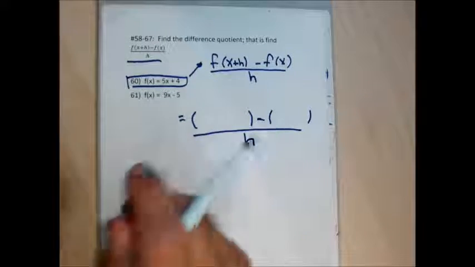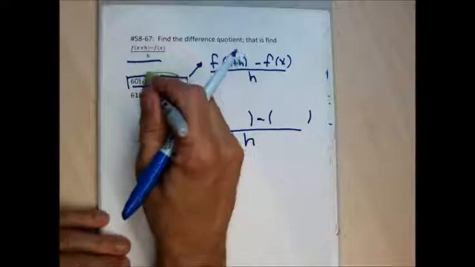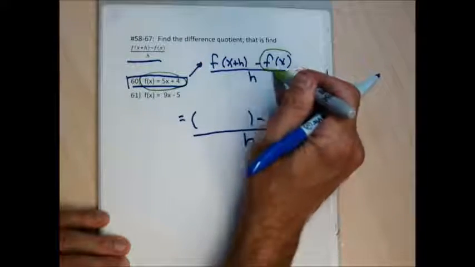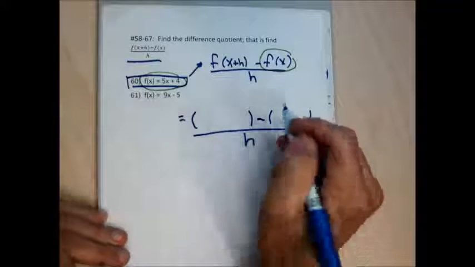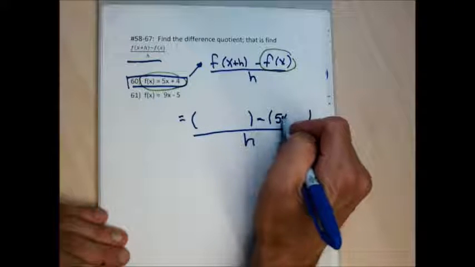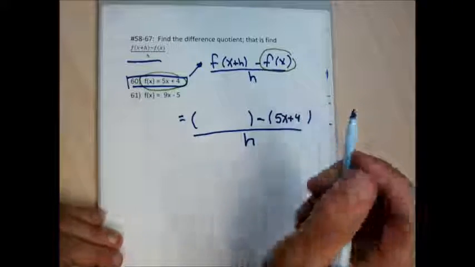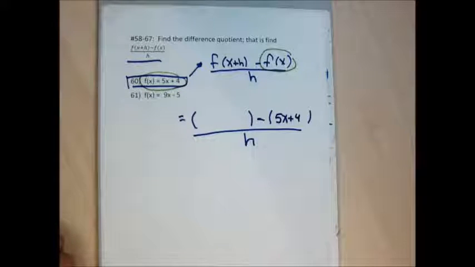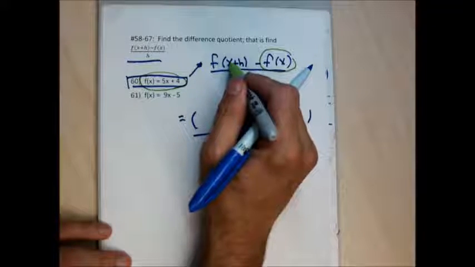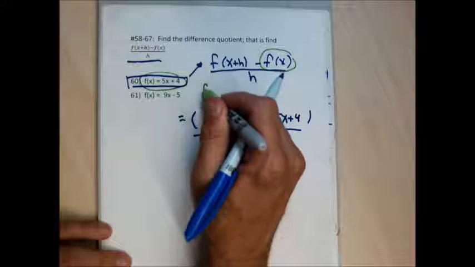I took the easy way out first. The easy way out is to replace that f of x symbol with what it's equal to, which is 5x plus 4. So in the first parentheses, I'm changing the f of x symbol to what it's equal to. When I go to do the second parentheses, I need to replace the f of x plus h with something.